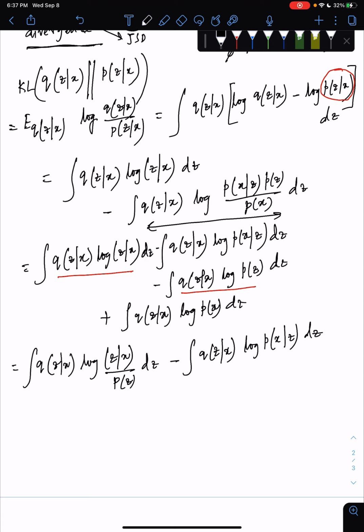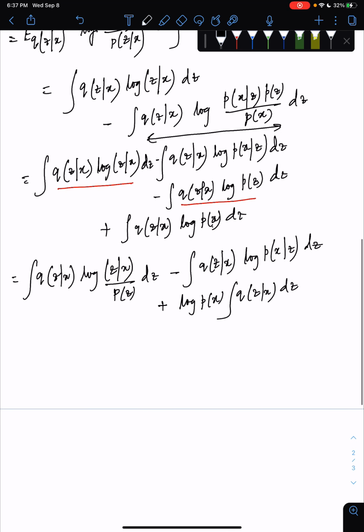Then I have something like this. Here I can take this log p(x) out of this integral, because this inner integral doesn't depend on x. So this is q(z|x) dz. Now this thing is an expectation with respect to this probability distribution.